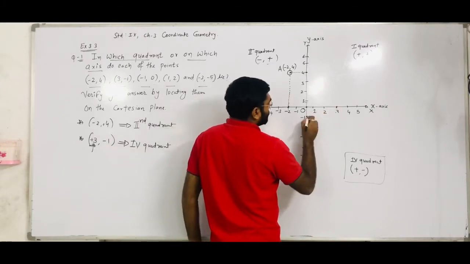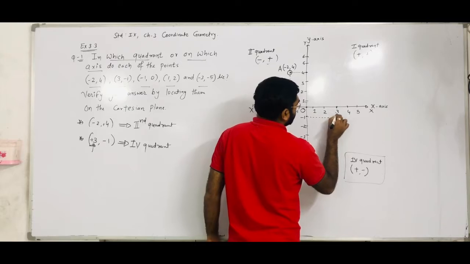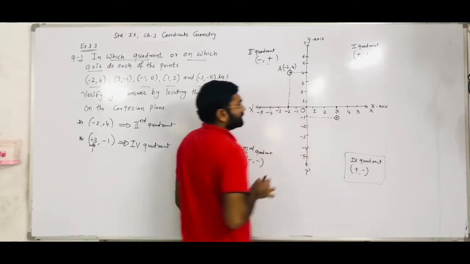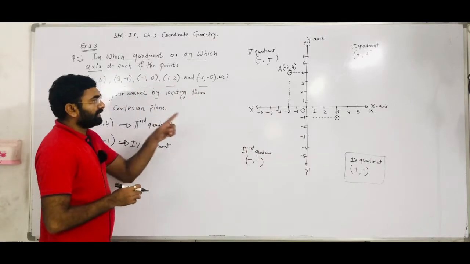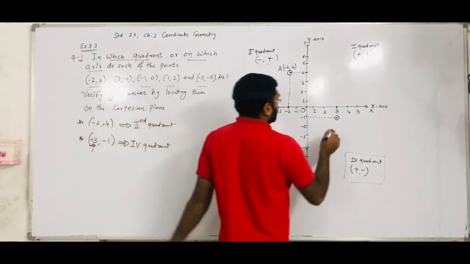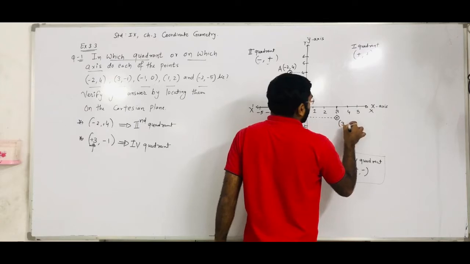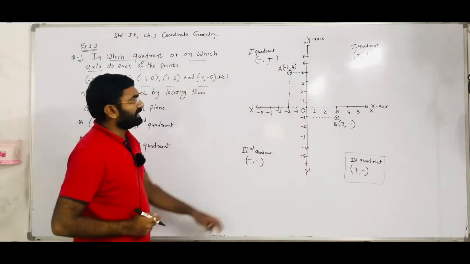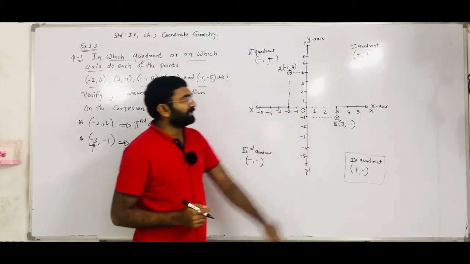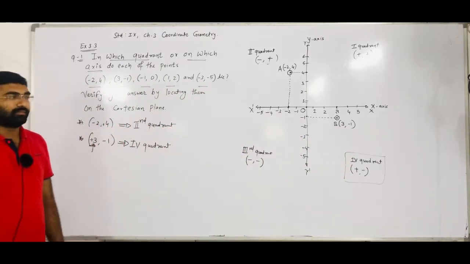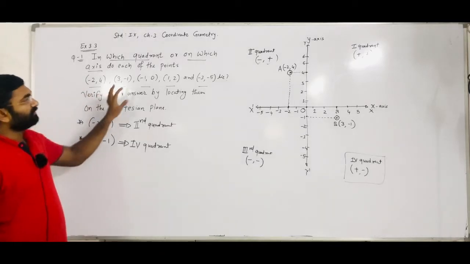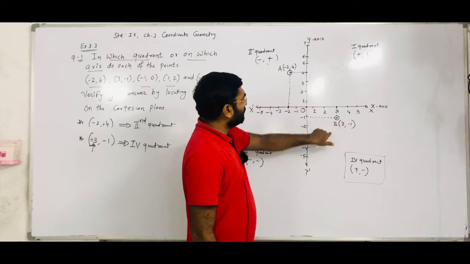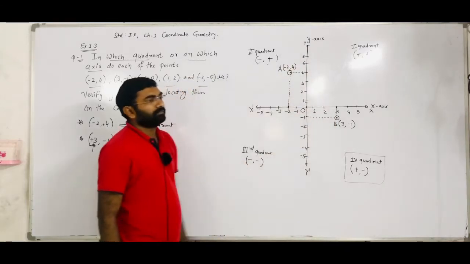From 3 and minus 1 we draw perpendicular lines, and the intersecting point is this one. Its coordinates are 3, minus 1, but we represent it with an alphabet, so we can call it point D, which lies in the fourth quadrant. That way we verified that 3, minus 1 lies in the fourth quadrant, and we can locate it in the Cartesian plane.